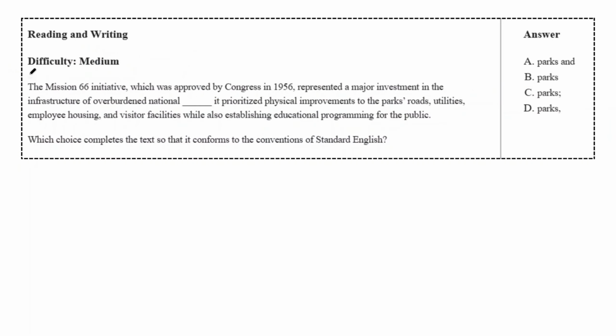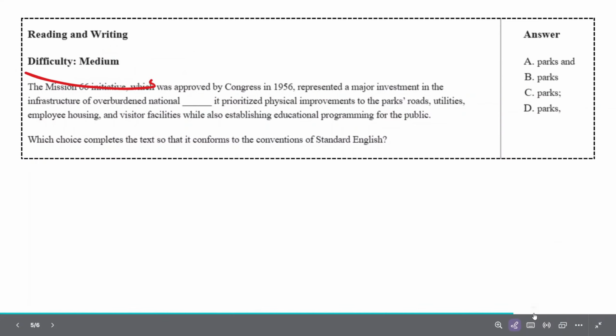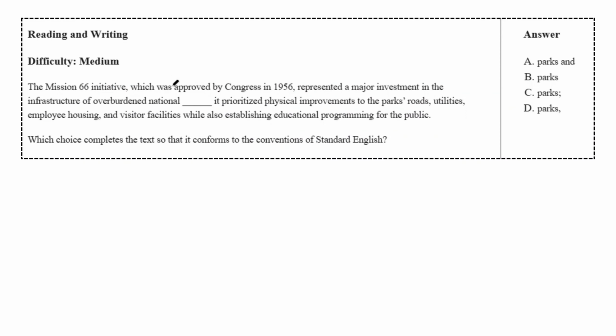Let's look at this example. This time it is a medium question, so it might be a little bit harder. "The mission initiative, which was approved by Congress," we can ignore this. We do not need this because it is a supplement. We only care about the structure of the sentence, so that's also a life hack if you want to use it.